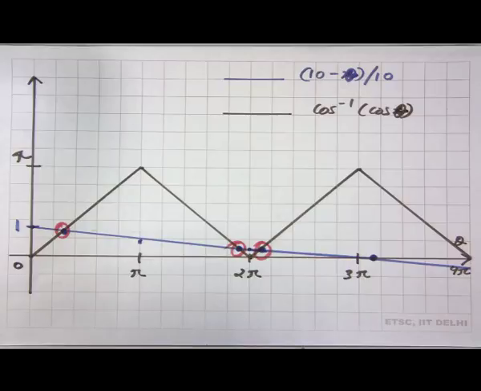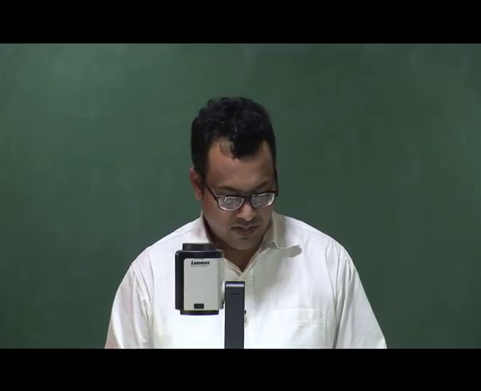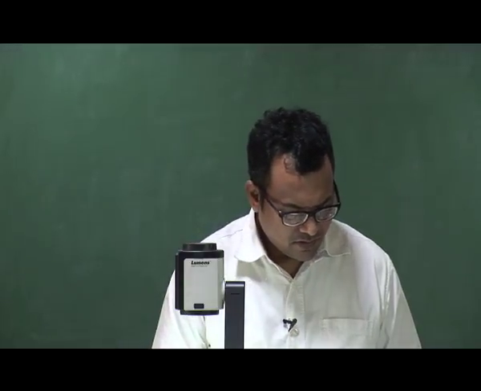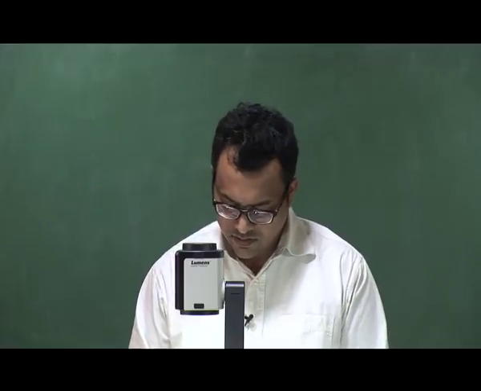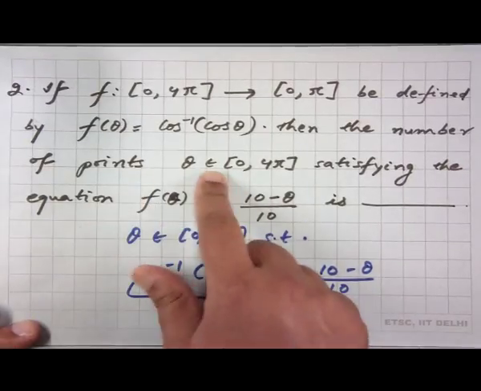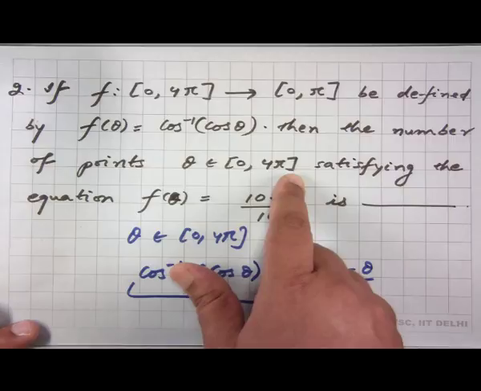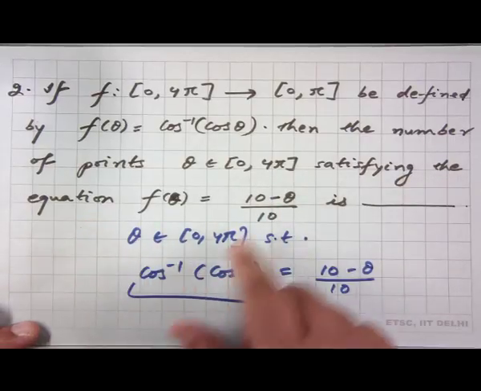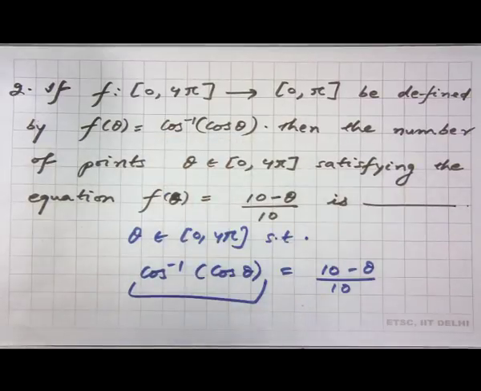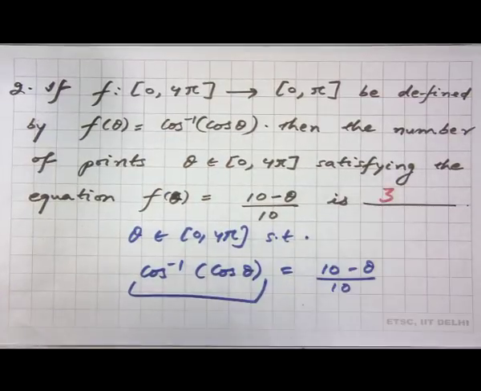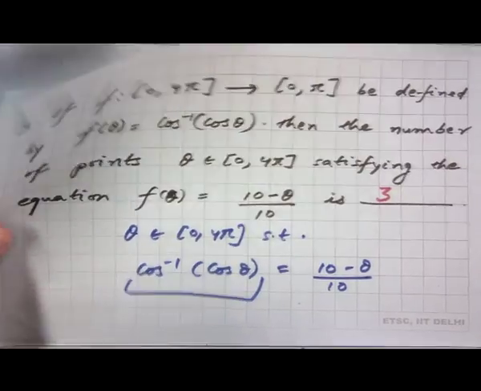So, there are basically three distinct values of theta for which cos inverse cos theta is equal to tan minus theta over 10. So, the final answer is that the number of points theta belonging to 0 to 4 pi satisfying the equation tan minus theta over 10 equal to cos inverse cos theta is 3. There are only 3 distinct points.